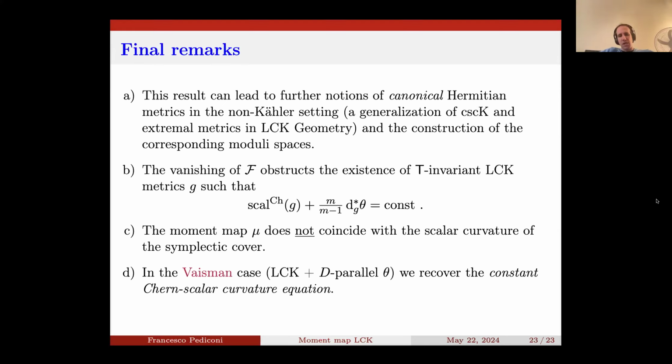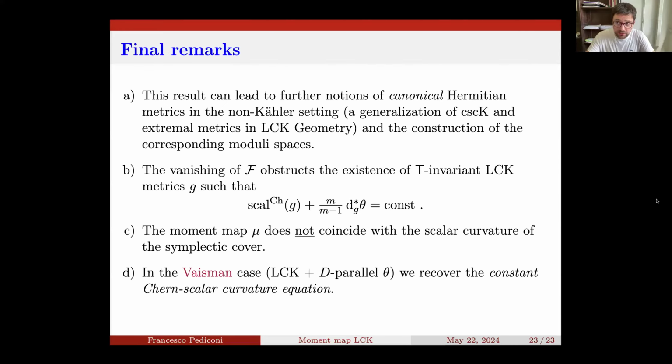What would be the analogous problem here? Do people study the Chern-Einstein question, and do you expect that a notion of stability coming from this framework should be relevant when studying that question?